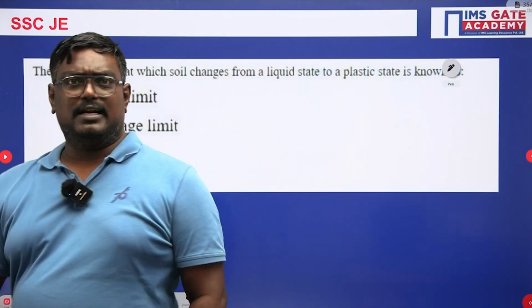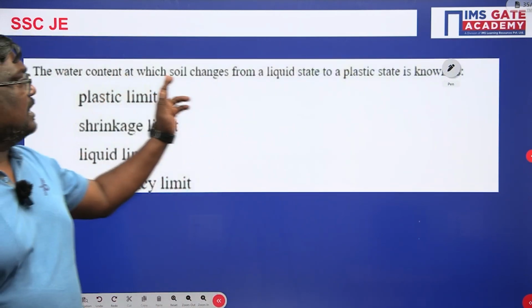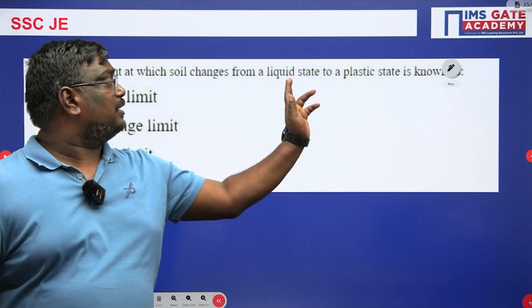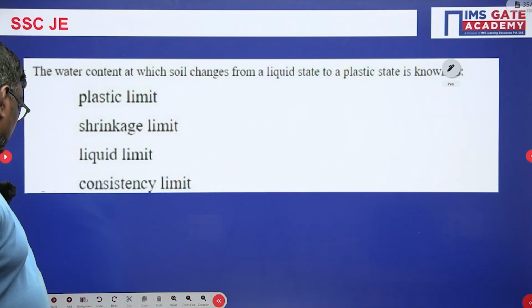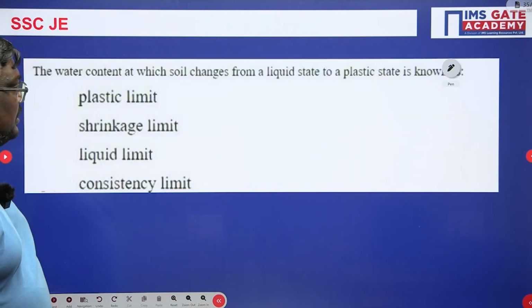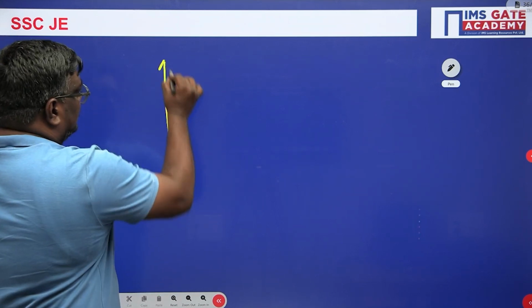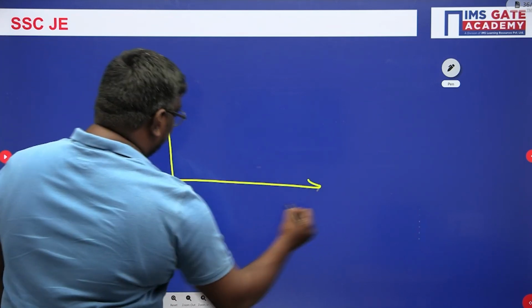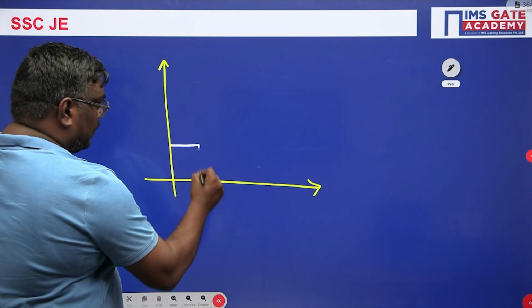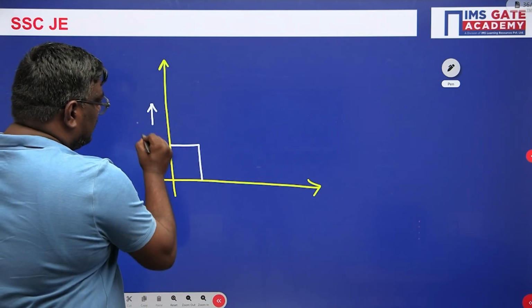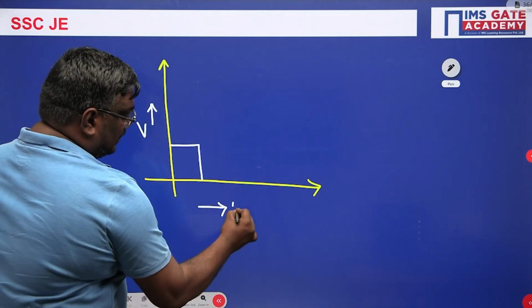Now see students, let us go into the next point. The water content at which soil changes from liquid state to plastic state is known as. Here also you should be aware of this Atterberg limits chart. Here we have a graph between volume and water content.